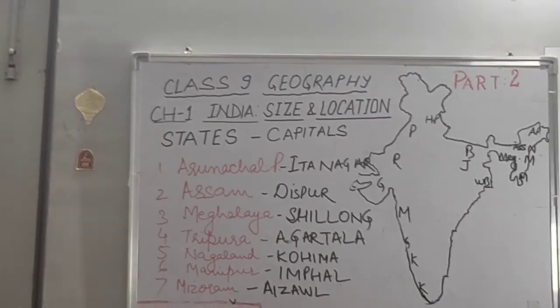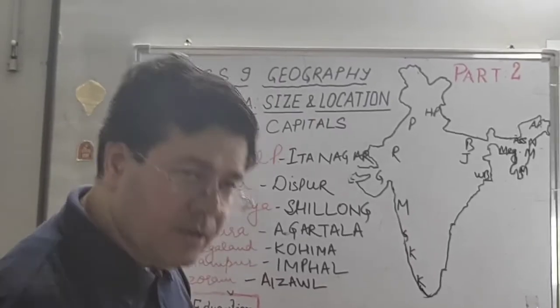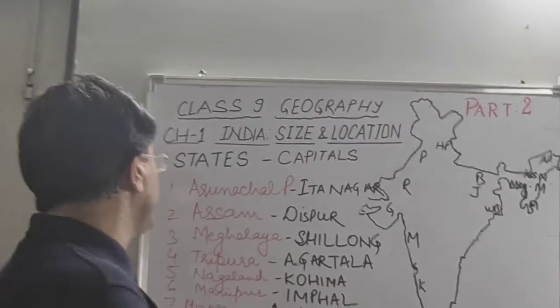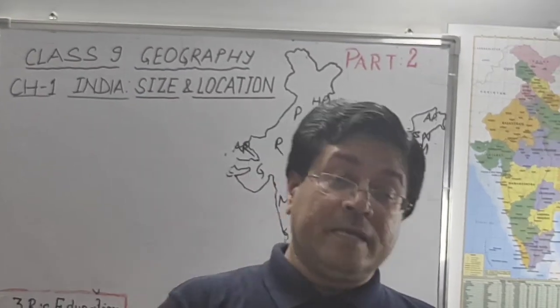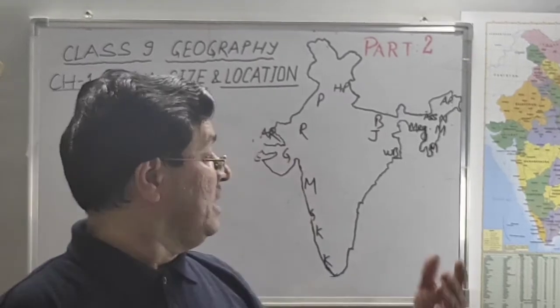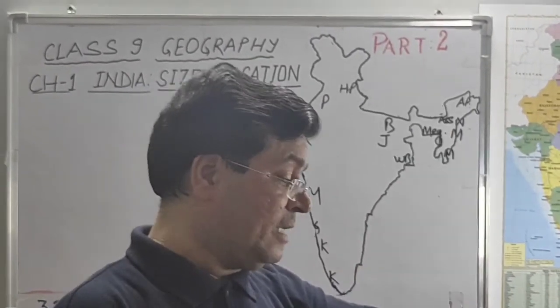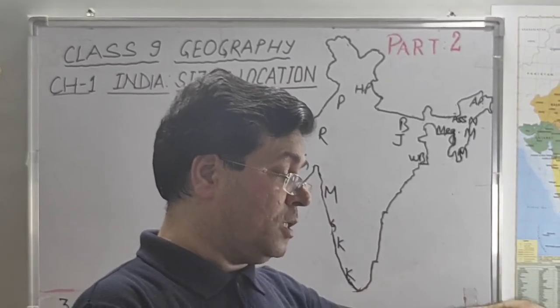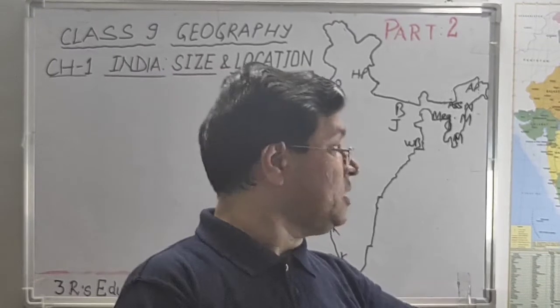So in this manner all 28 states we have in India. Now we'll talk about the union territories. But in the next video, as it is taking too long. So in the next video we'll discuss a couple of remaining topics: union territories and the common frontiers with neighboring countries.